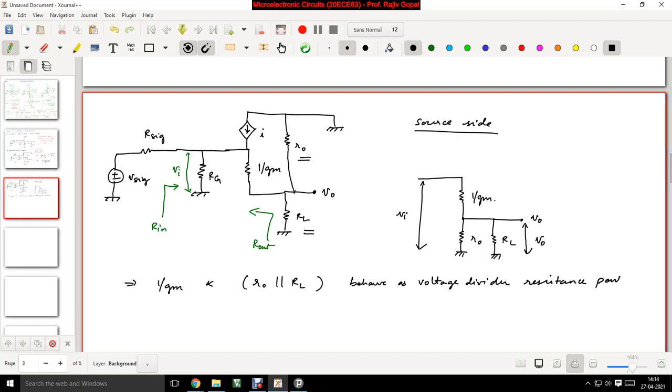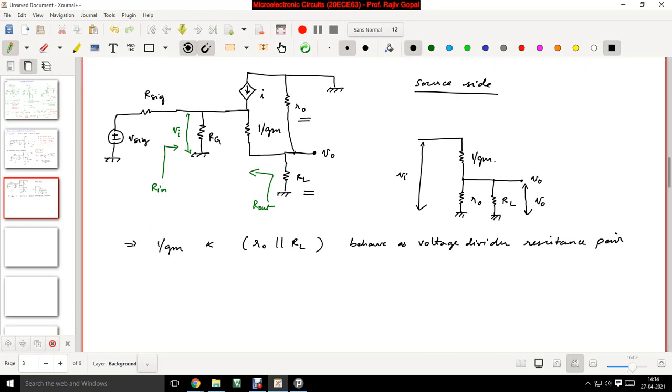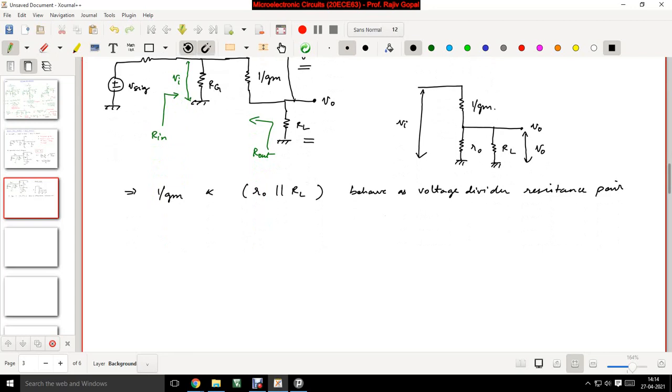So I can write V naught as Vi into R naught parallel RL divided by R naught parallel RL plus 1 by gm.